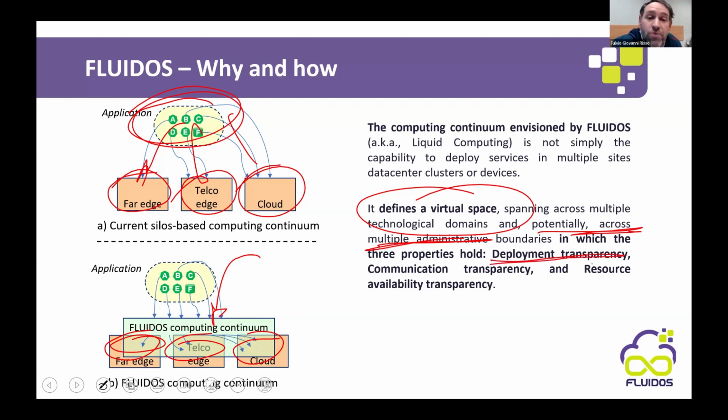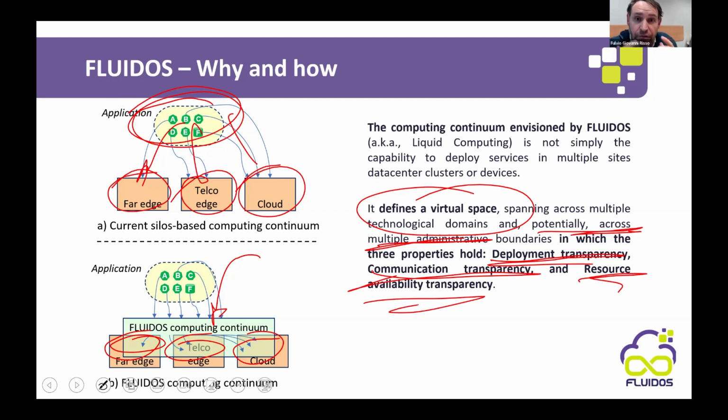First, deployment transparency: I don't care where my services are. Second, communication transparency, which means that independently of where my services are, they communicate seamlessly like they are running locally. And third, resource availability transparency.